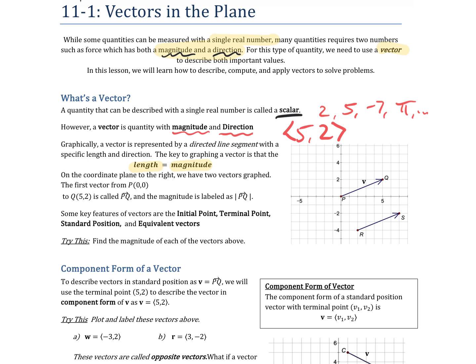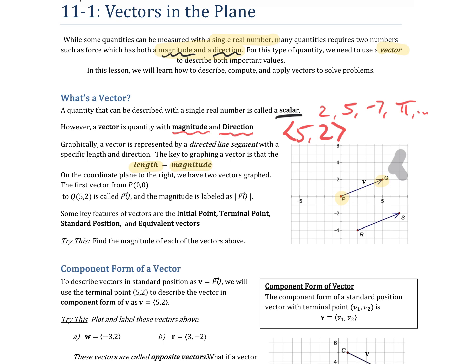When we put this in the coordinate plane, we can start at 0, 0 and go to 5, 2, and that would be the vector <5, 2>.